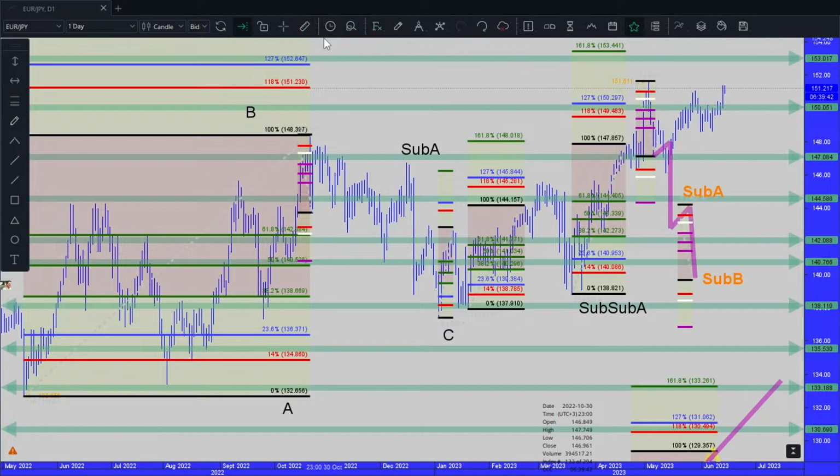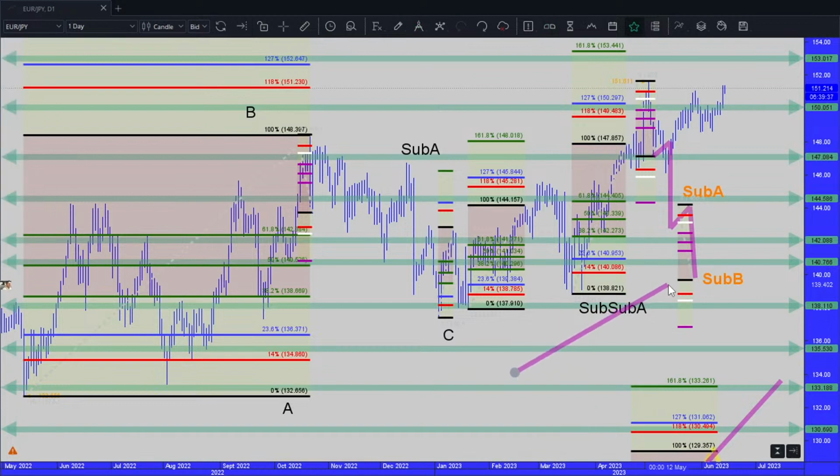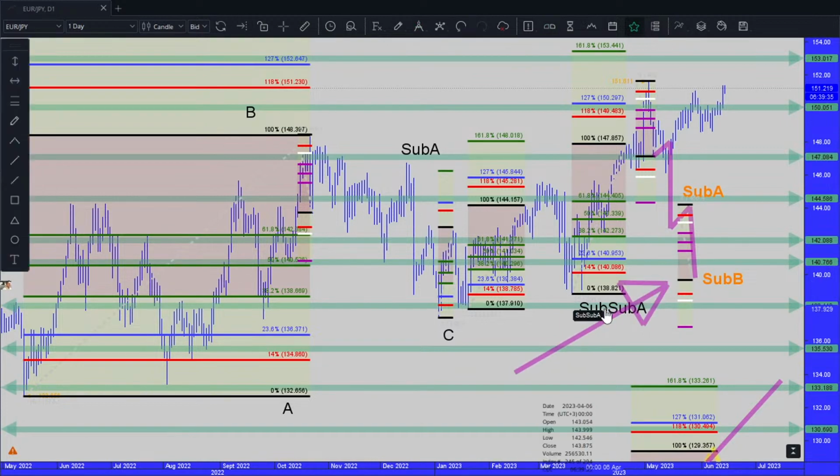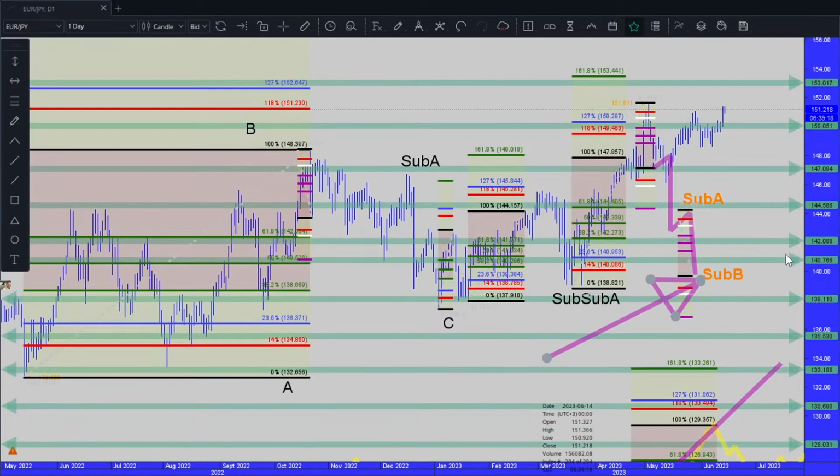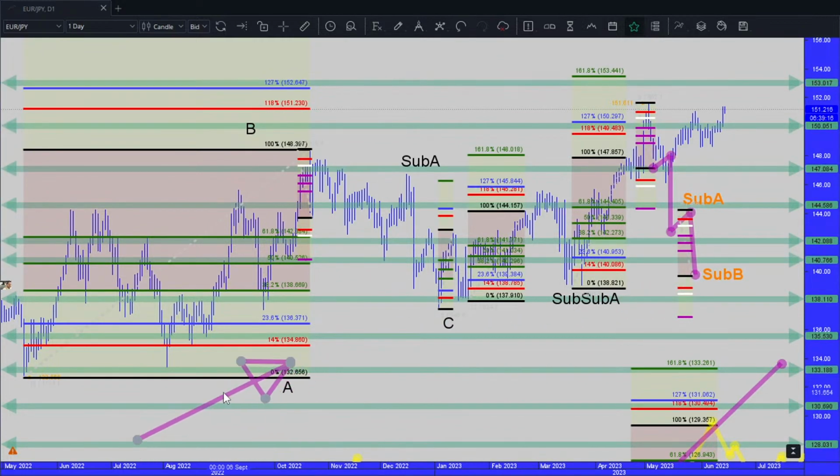Now everybody, here is the question: what are you going to do in here? What are you going to do in here? Type in the chat. I'm going to buy the confirmation Fibonacci, or I'm going to wait, or I'm going to buy the Fibonacci, the original one. What are you going to do in here, everybody?